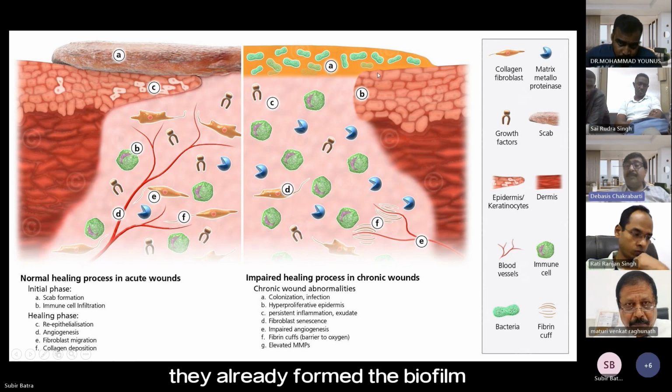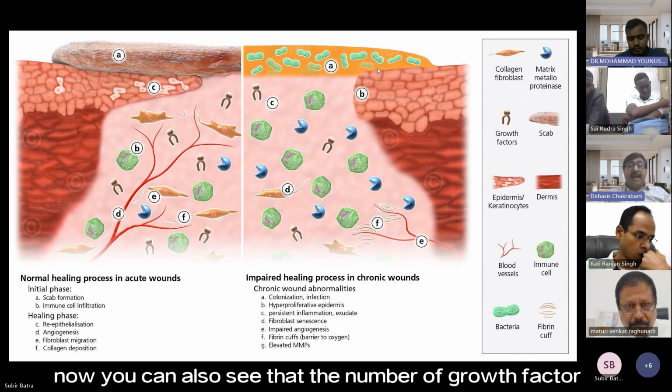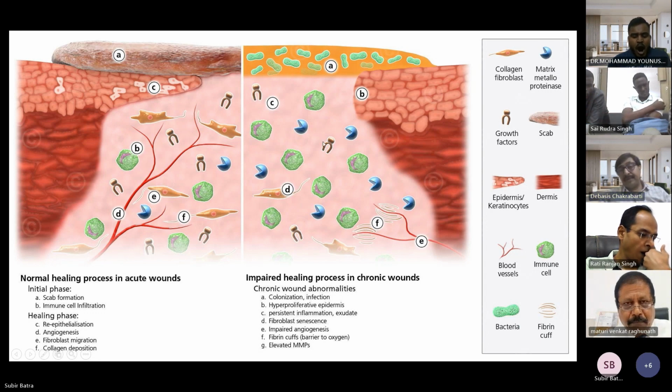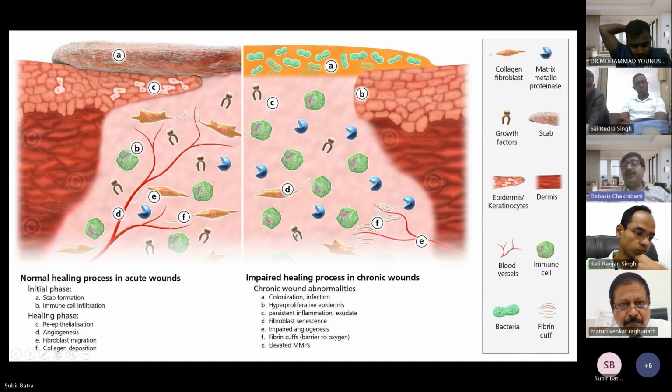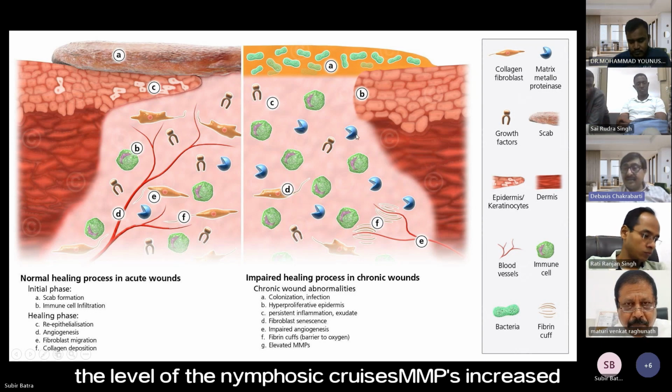They have already formed a biofilm. Now you can also see that the number of growth factors has been reduced in this picture. There are more matrix metalloproteases, the blue ones. The level of MMPs increases.